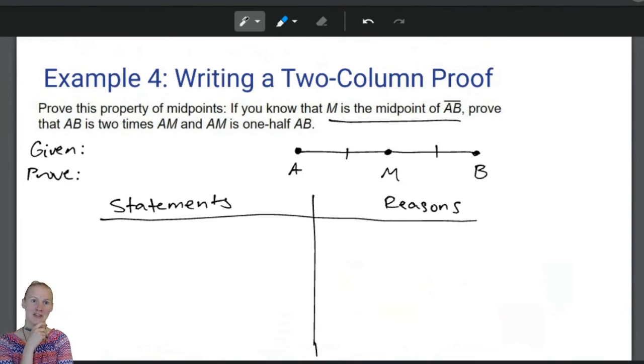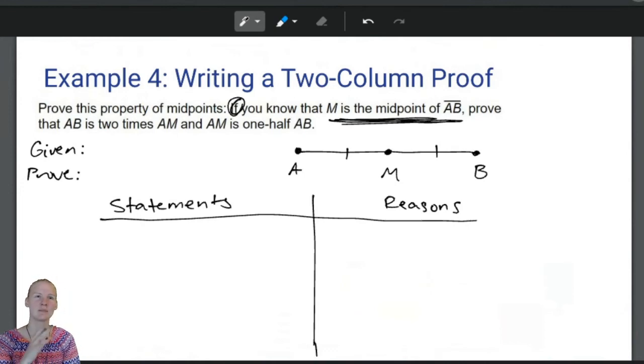They didn't tell us that, so we're going to have to write that down for ourselves. I noticed that it says, if M is the midpoint of AB. So that's what we're given. We are assuming that M is the midpoint of AB. That assumption we're making is what we're going to call the given: M is the midpoint of AB.